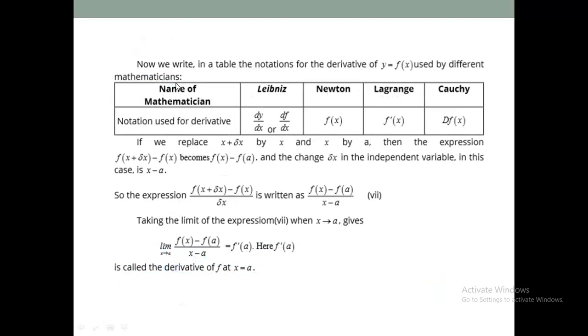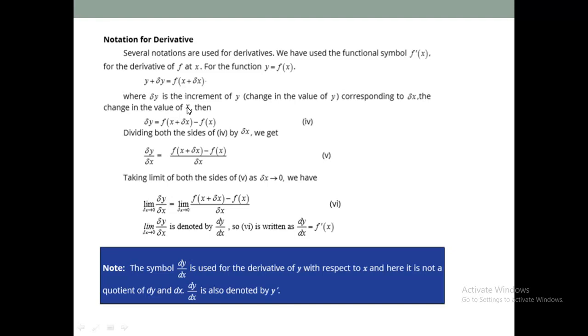We move y to the right hand side, so delta y is equal to f of x plus delta x minus f of x, dividing both sides by delta x. Taking the limit as delta x tends to 0, this is denoted by dy by dx, and we can also write f dash of x, which is used for the derivative of y with respect to x.